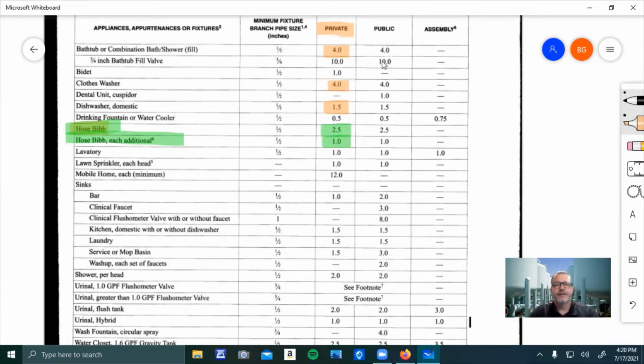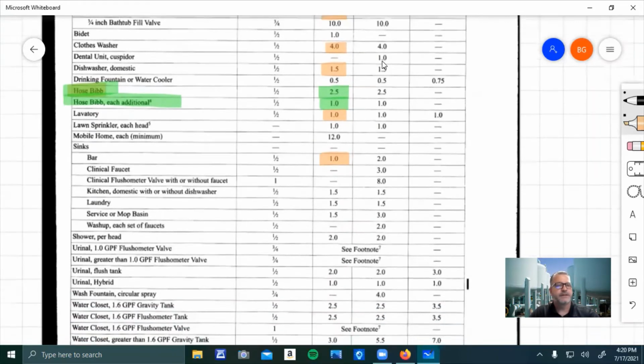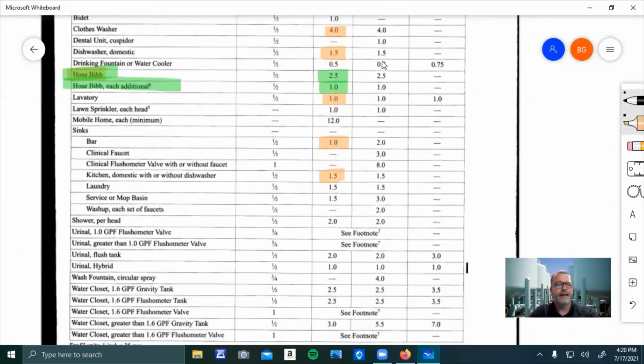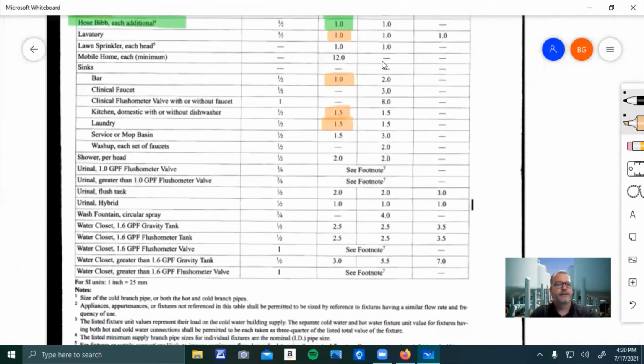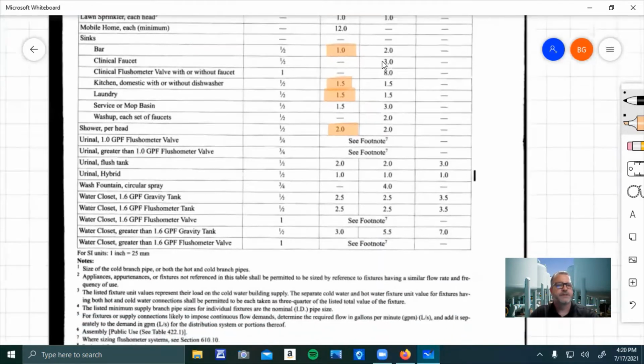So the lavatory is 1 fixture unit. Let's see, we have the bar sink. That is 1 fixture unit. The kitchen sink, 1.5. The laundry sink, 1.5. Each shower is 2 fixture units.